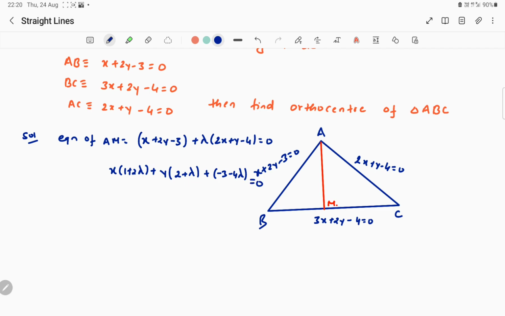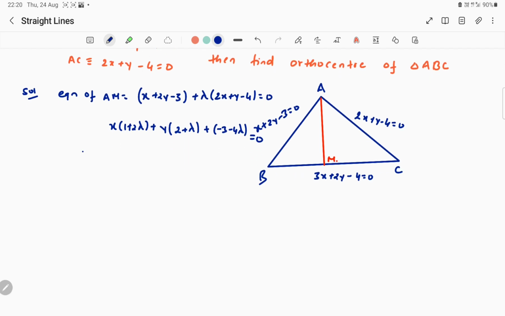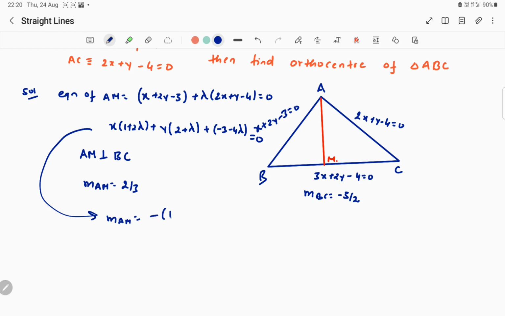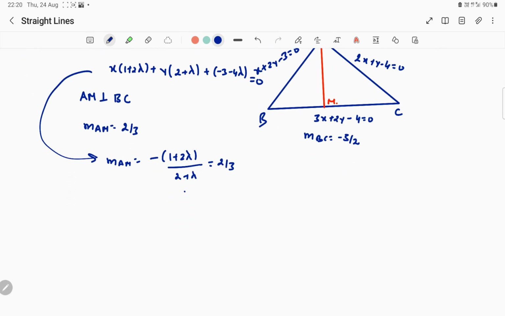Now what fact can I use? I can use the fact that AM is perpendicular to BC. So what is the slope of BC? Minus 3 by 2. So what is the slope of AM? It will be the negative reciprocal, so we get 2 by 3. And what is the slope from this equation? The slope of AM again is minus coefficient of x by coefficient of y, which is equal to 2 by 3. So by solving this, you can get the lambda value, isn't it?